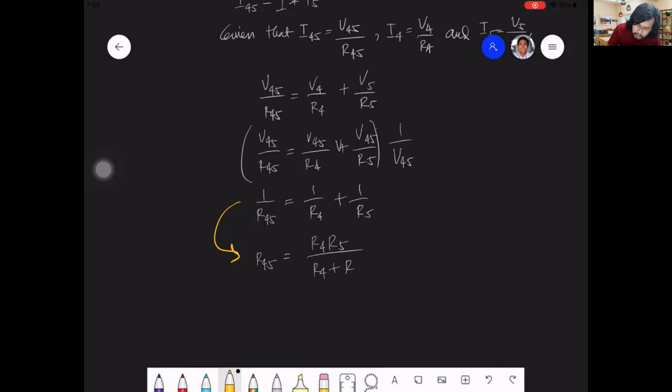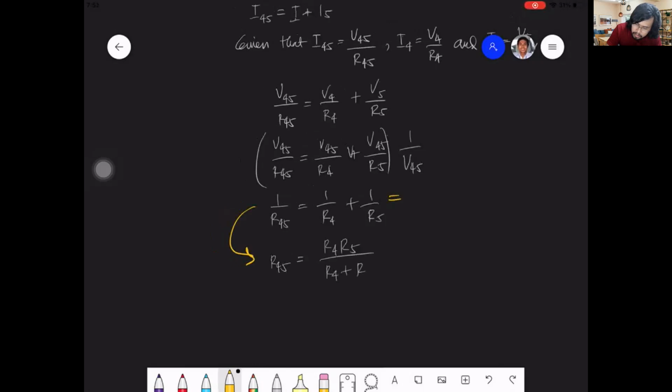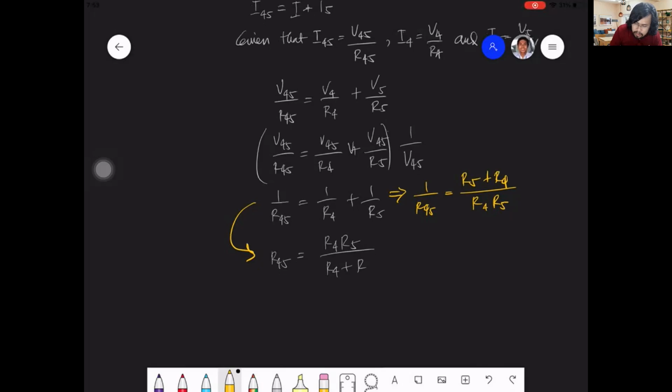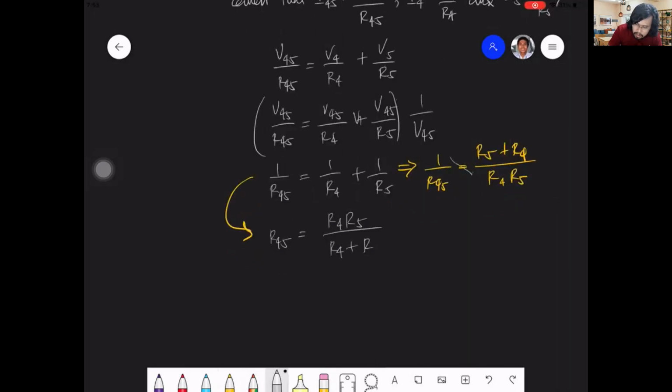It's just the same because it becomes 1 over R45 equals R5 plus R4 over R4 R5, and we do the reversal of the fractions.